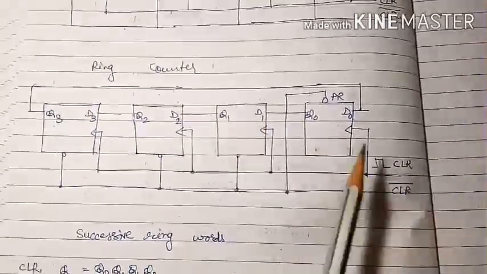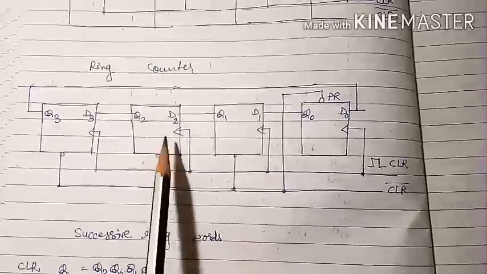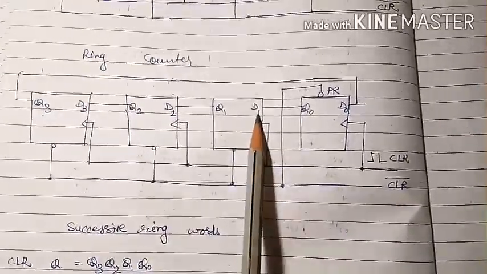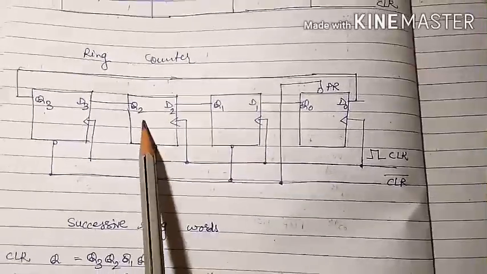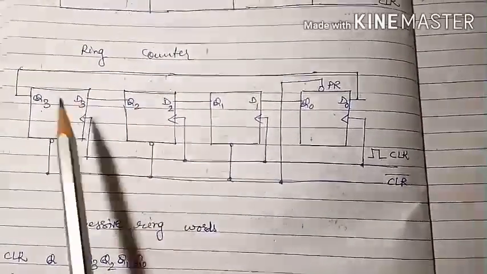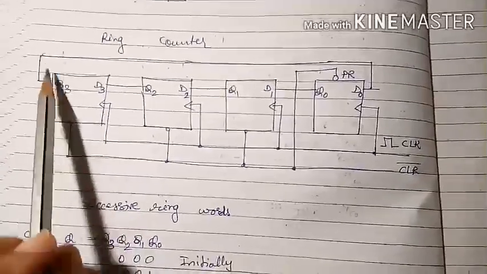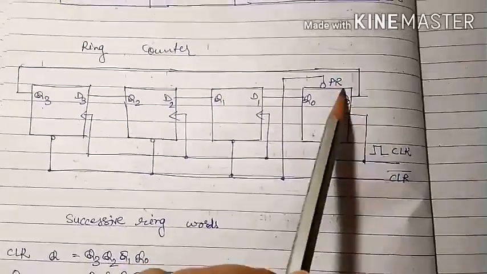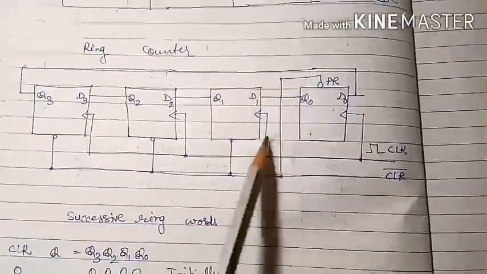We have used 4 flip-flops, Q0, Q1, Q2 and Q3. The output of Q0 is input for the next flip-flop. Its output is going to the third, the third's output is going to the fourth, and the fourth output is fed back as the input for the first. In this way the ring is completed.